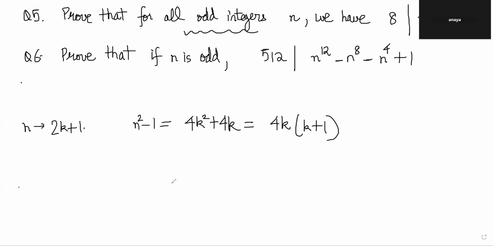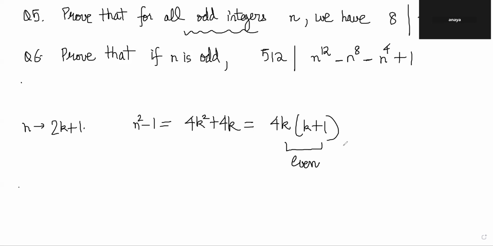We have already done a question which will help you prove this last step. What did you learn in question number 3? In question number 3, oh, of consecutive numbers, one is always divisible by 2. So k times k plus 1 is going to be divisible by 2.